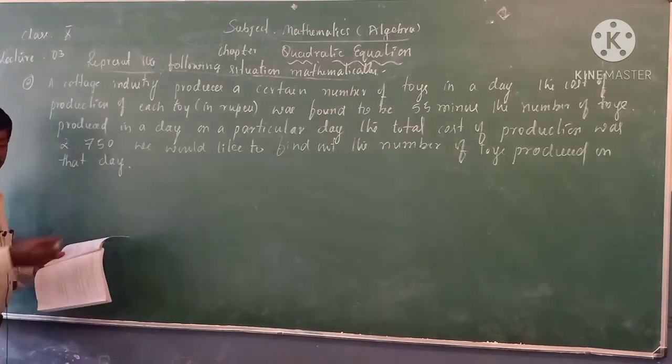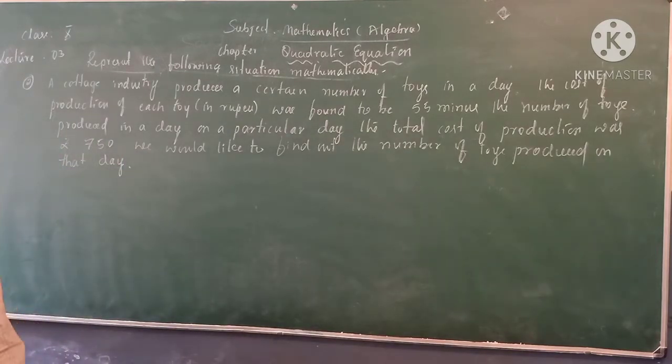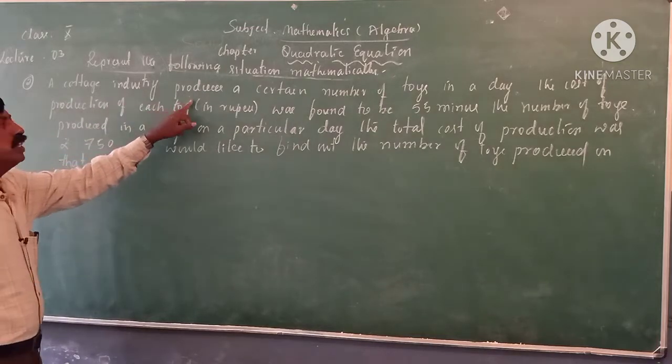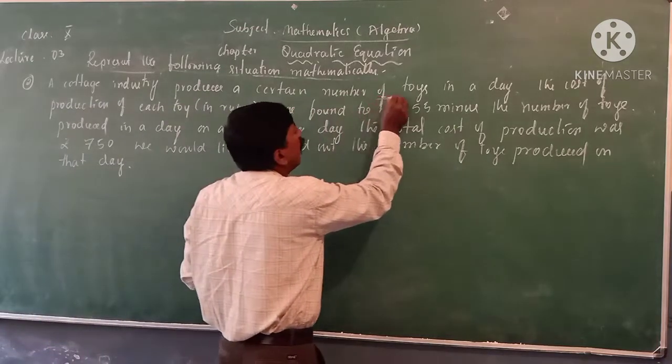Now, read the problem carefully. A cottage industry produces a certain number of toys.